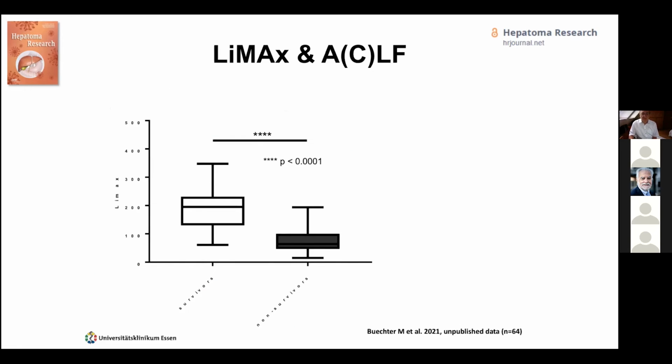So to discriminate the both groups, we can clearly show that between survivors and non-survivors of acute liver failure, we have a sensitivity of about 80% and specificity of more than 90%, with a cutoff of 80 microgram per hour per kilogram to discriminate between those who survive acute liver failure or who have to be transplanted.